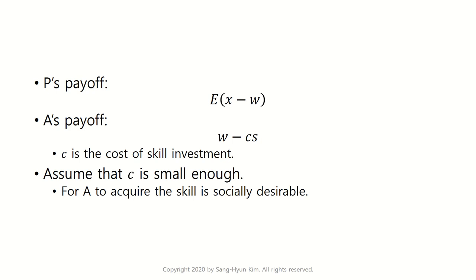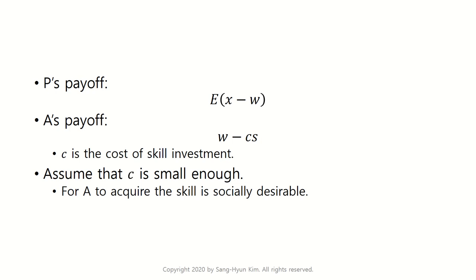So this is for the agent to acquire the skill is socially desirable. We'll consider the situation where making a skill investment is socially desirable. Otherwise, we don't have to think about this problem seriously. The holdup problem makes the skill investment less profitable or less doable.